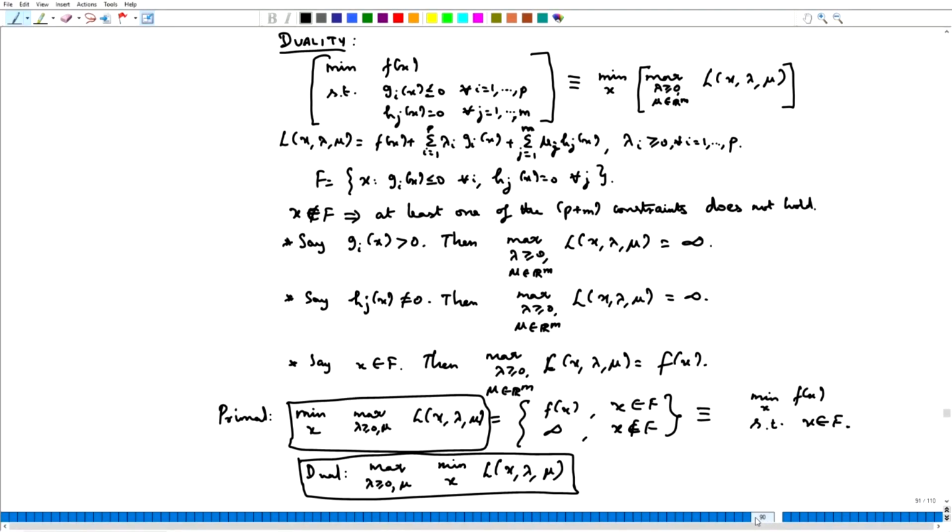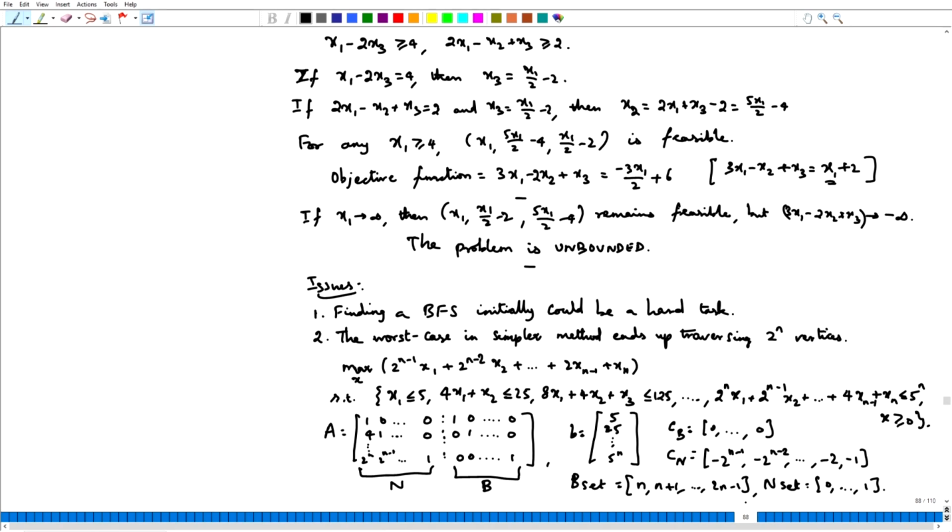So, let us see that example once. This was one of the issues that were pointed out in the simplex method, right.